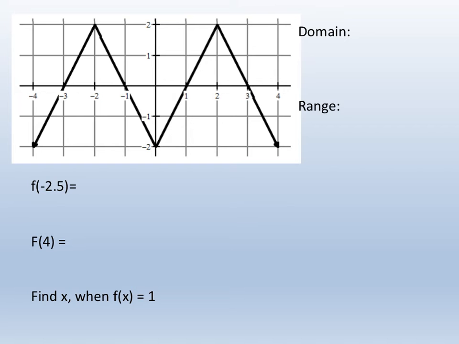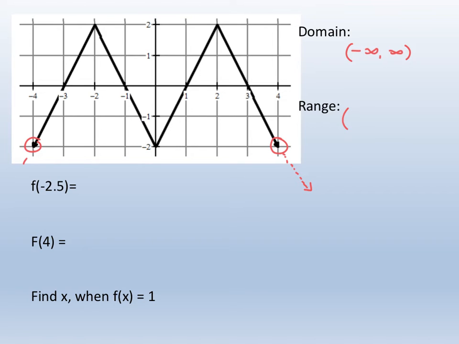So your domain, notice that these two arrows continue opening to the left and to the right. So your domain is going to be negative infinity, positive infinity. Okay. They're going to continue opening up forever. Your range, the lowest y value that you have, again, they'll continue opening to the left and to the right and also to the bottom.